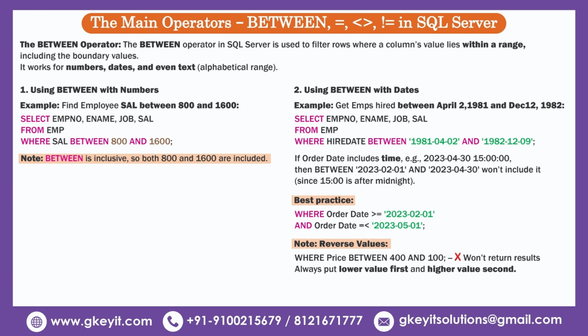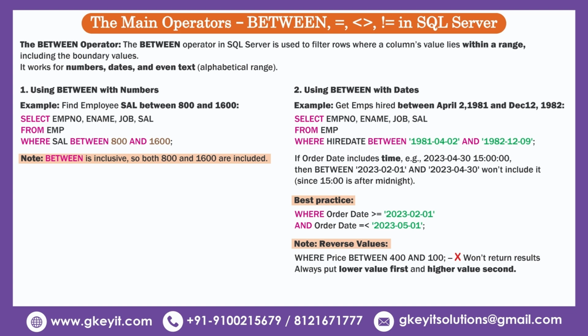In this kind of scenario, we have a best practice. We can use greater than or equal to and less than or equal to operators to achieve the same. If there is a time component and we can't get the desired result, we have an alternative method, that is using greater than or equal to and less than or equal to operators.